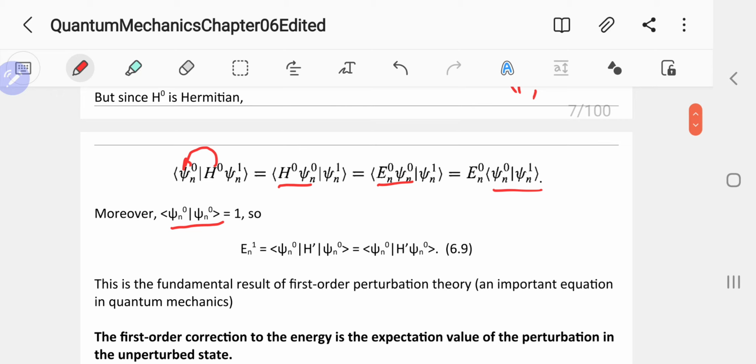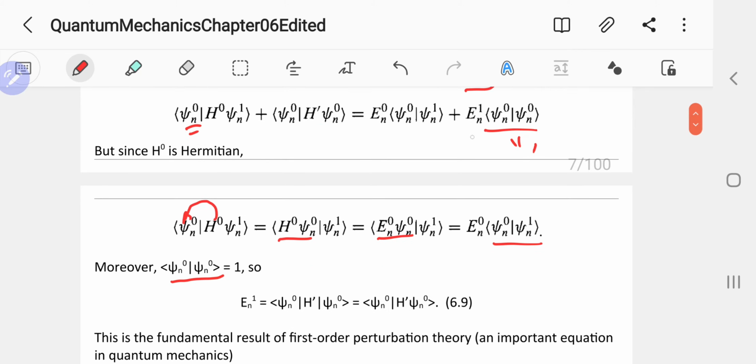And your energy correction here would be this. By the way, first things first, this one here is just equal to this one, so that your E1 would be just equal to that.